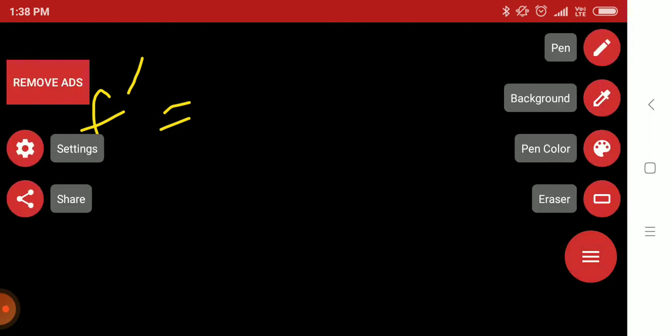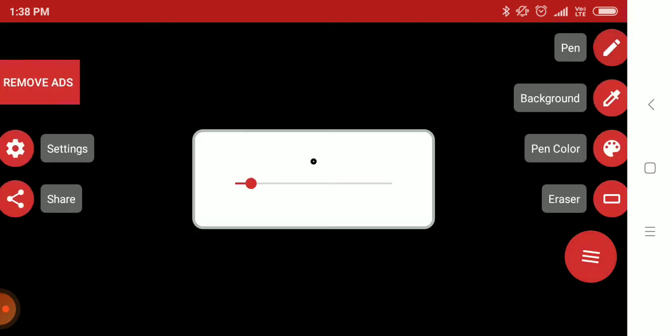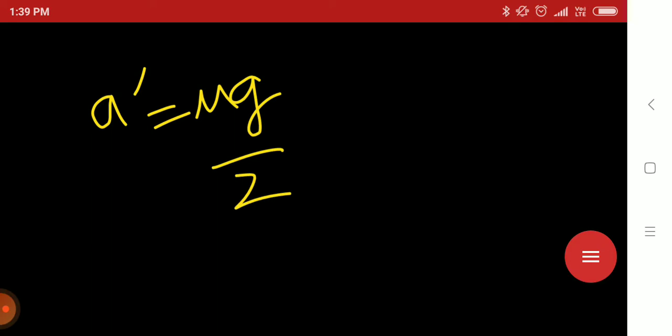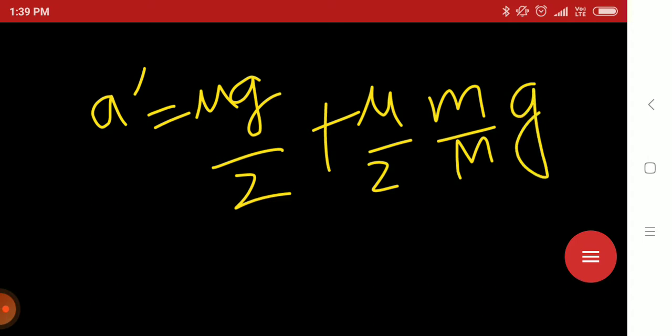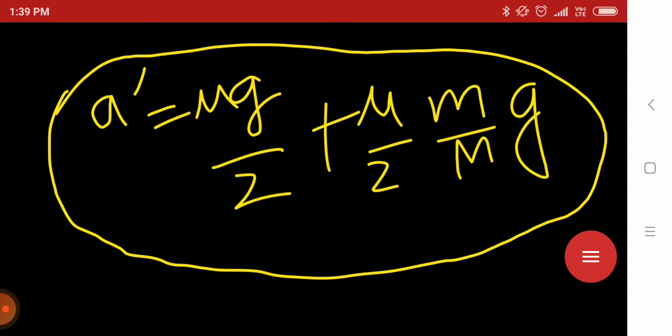A prime is the acceleration of small mass. A prime equals mu g by 2 plus mu by 2 small m by capital M into g. This much of acceleration we have got. This is the acceleration for small mass m.